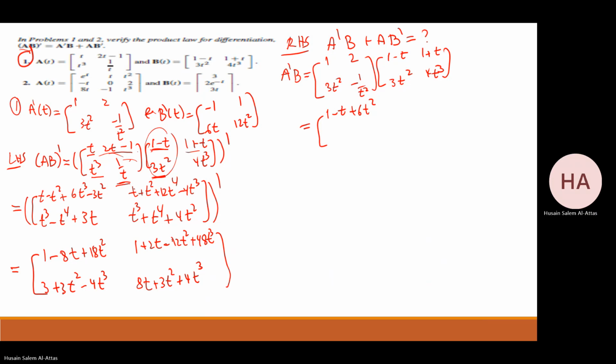Now I need to multiply this by this. I have 1 plus t times 1 plus t plus 8t cubed.